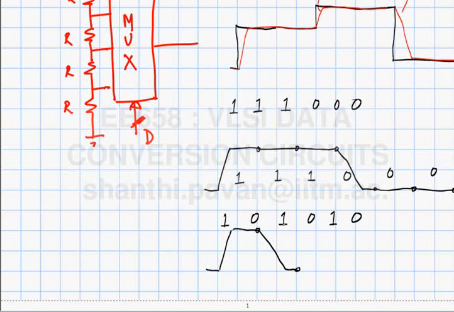Again it goes up, comes down. So this is 1, this is 0, this is 1, this is 0.